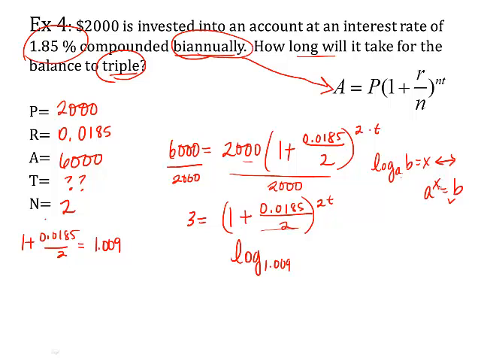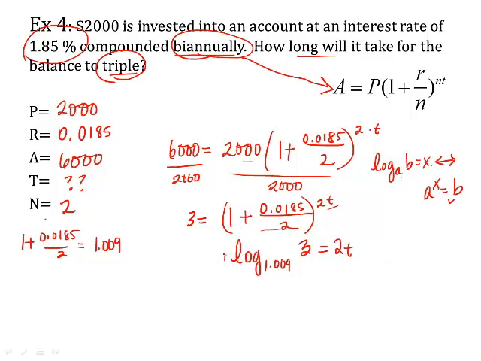A is my base, I figured that out, of B is the answer, right? So B was 3, equals, and then the power is what it will equal, so the power comes down to 2t.